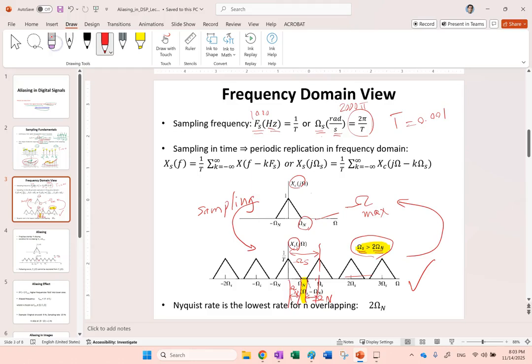How? You say, well, I only would look at basically all you have between, let's say, omega s over 2 and negative omega s over 2. If I look at this range, if I apply a filter to all of this and only keep this range, which is 1 omega s, whatever is in that region, that is the original signal.